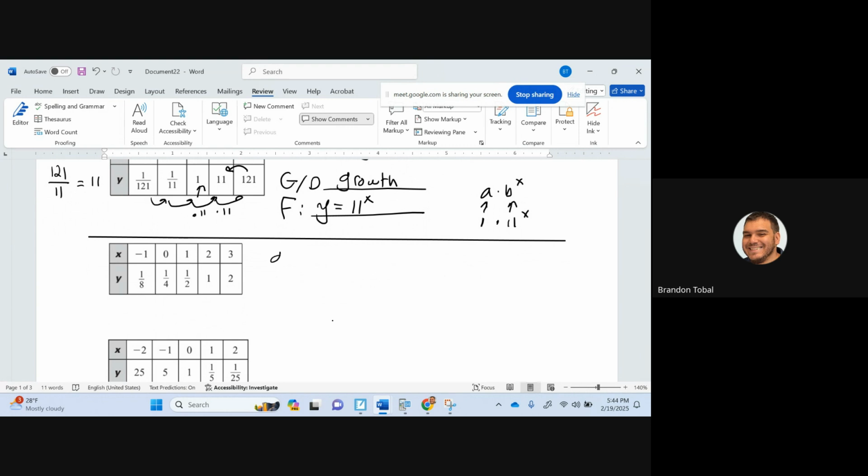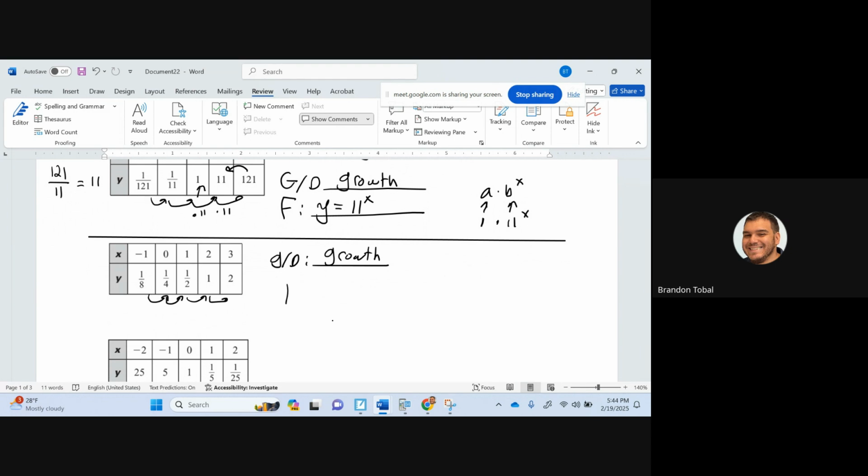Let's do number 2. Again, growth or decay. In this case, it's going to get bigger as I go forward. I can see 1 times blank equals 2. So it's going to be a growth. 1/8 is smaller than 1/4, so 1/4 is bigger. A quarter is smaller than a half, so it's getting bigger. A half is smaller than 1, so it's getting bigger.